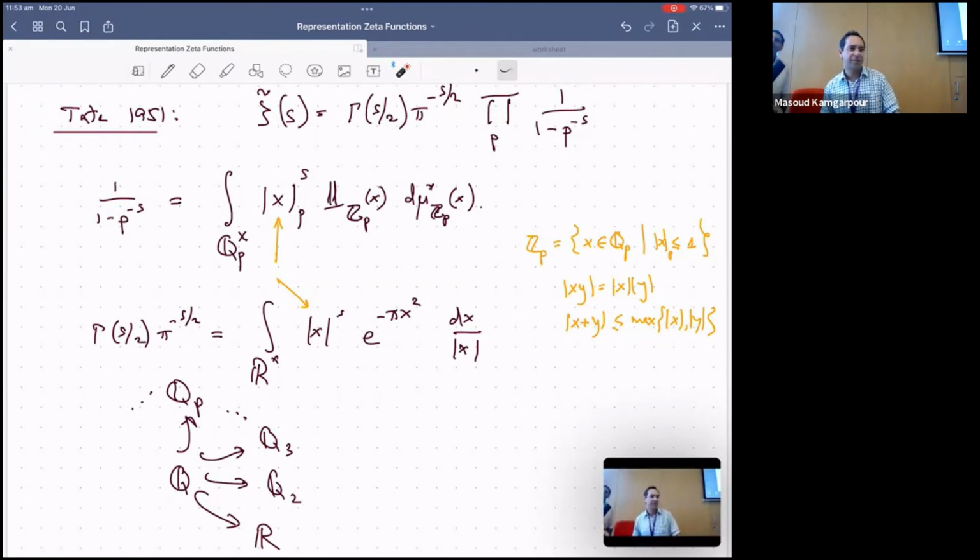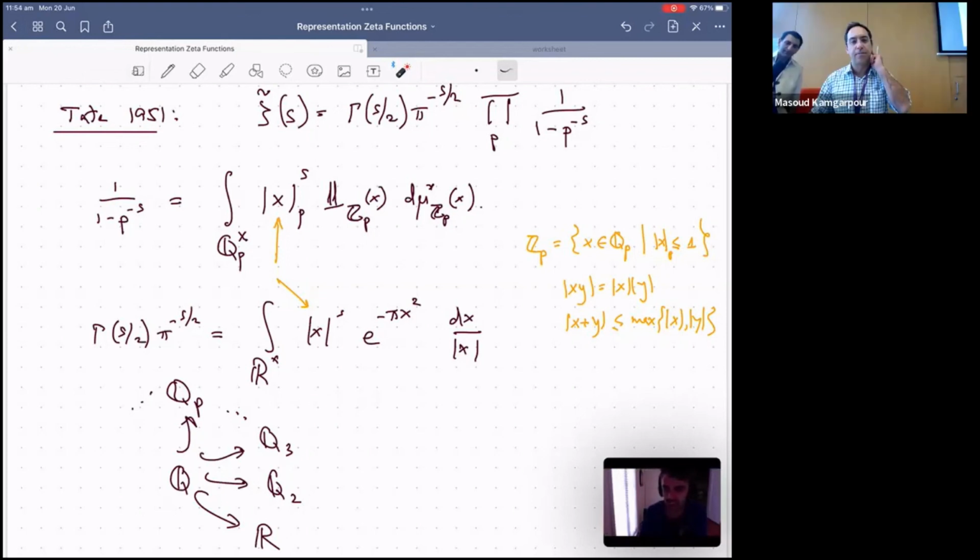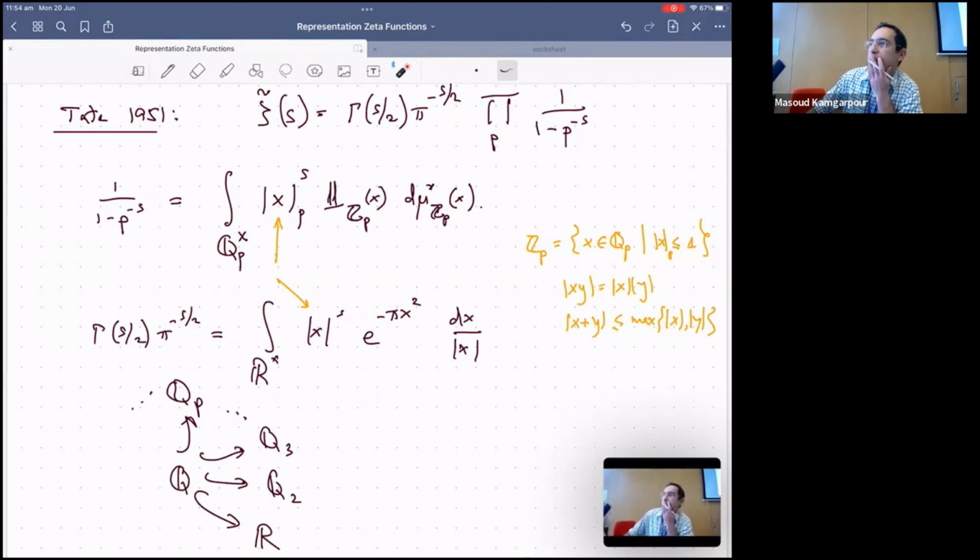More questions? Question in the chat. I can say it out loud. Is a ring uniquely determined by its Dedekind zeta function? No. Yeah, that's a very natural question.